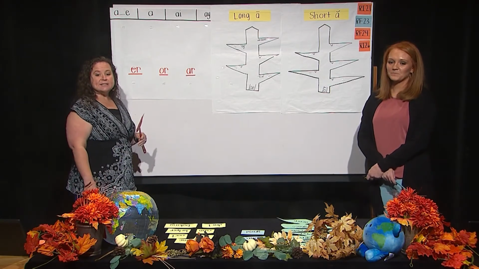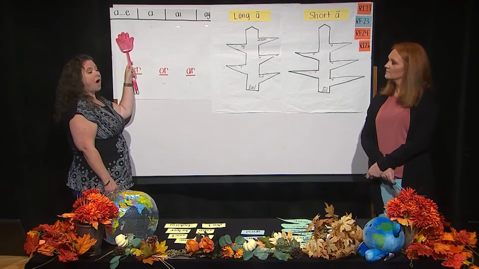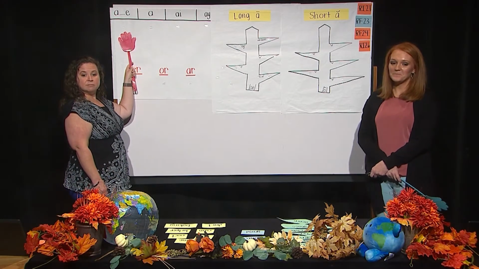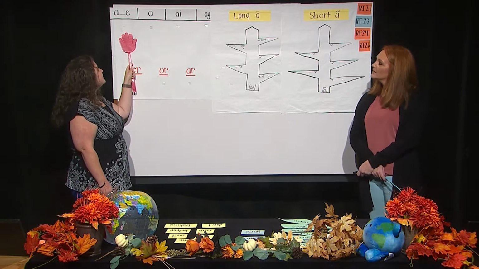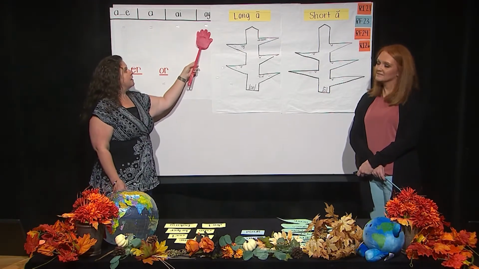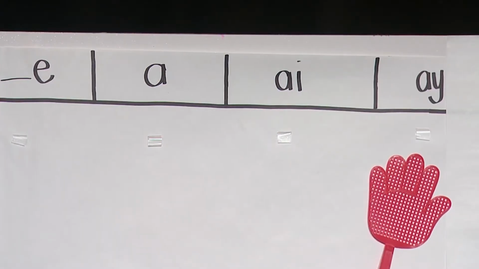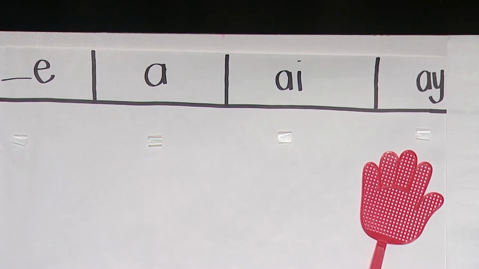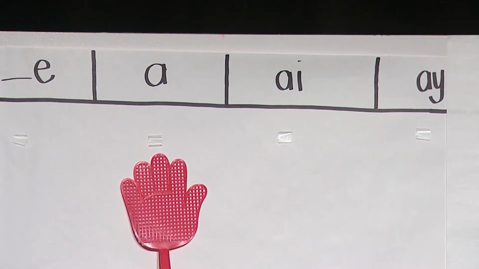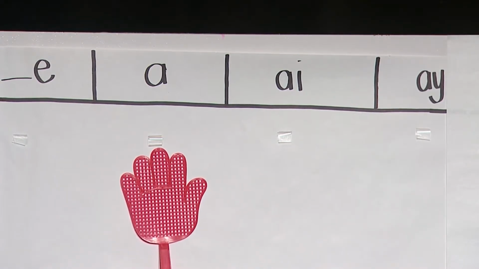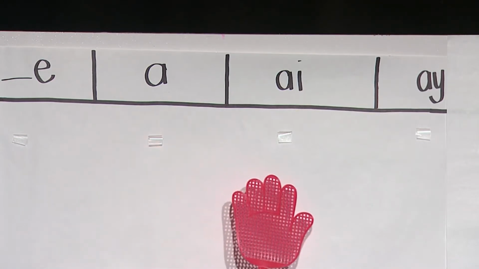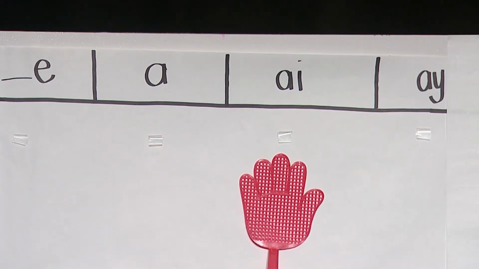So A spelled A, consonant E, all right? Now this is A spelled AY. Here we have A spelled with just A. And then finally we have that A sound spelled with AI.